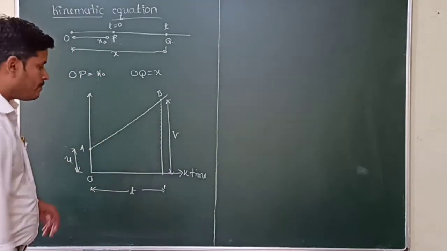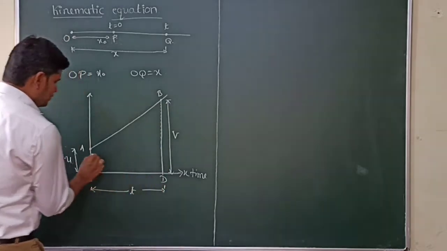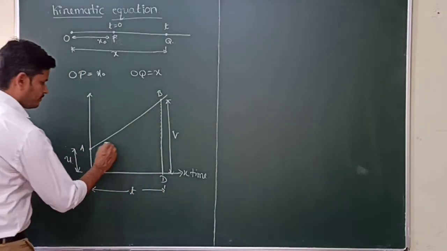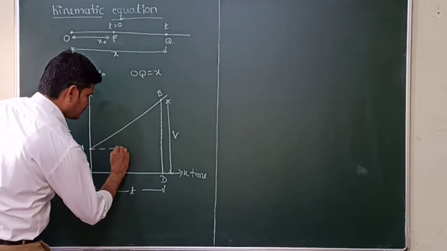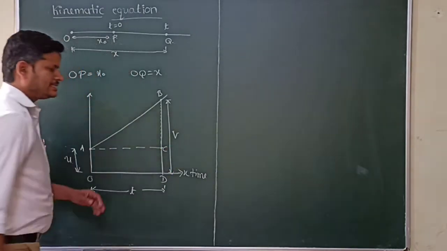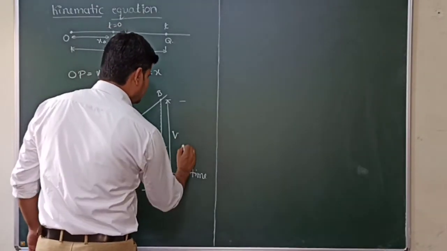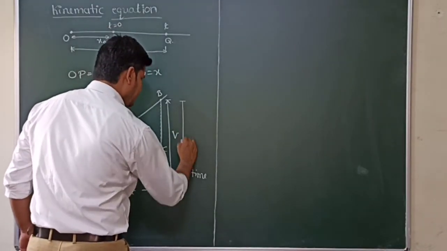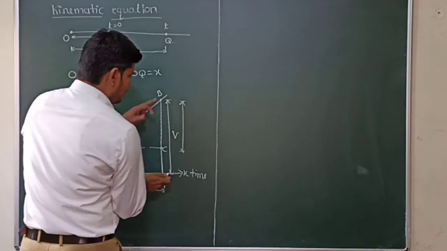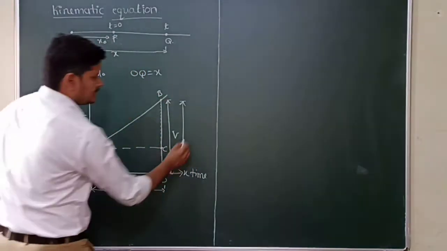Now draw a perpendicular line to BD from A, and this point is C. Then this distance BC must be v minus u. This is u, right?